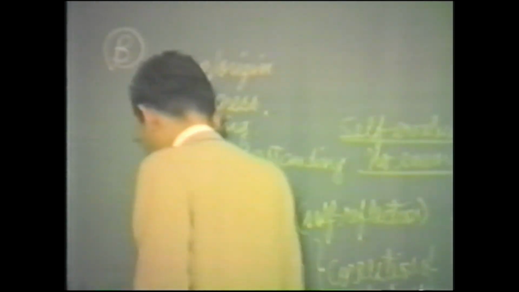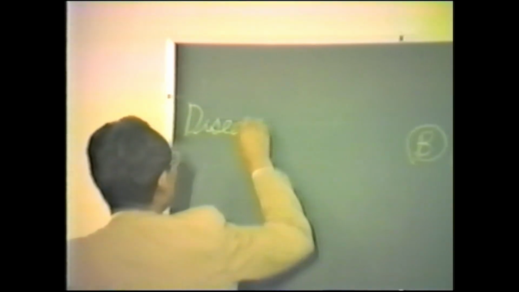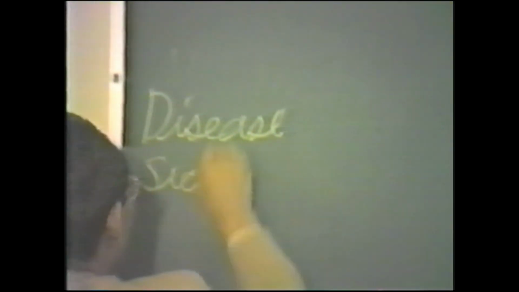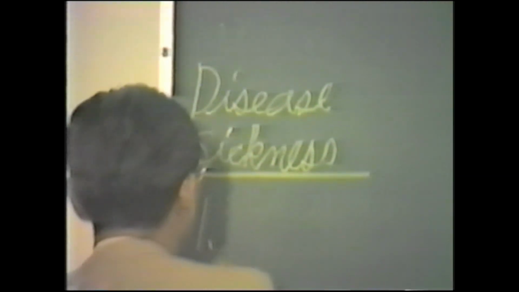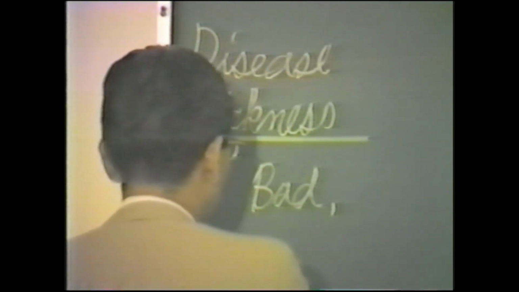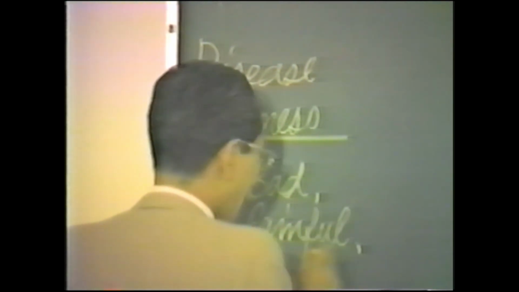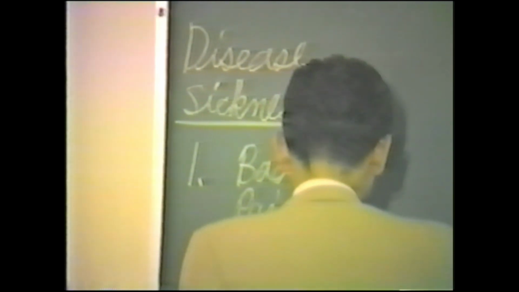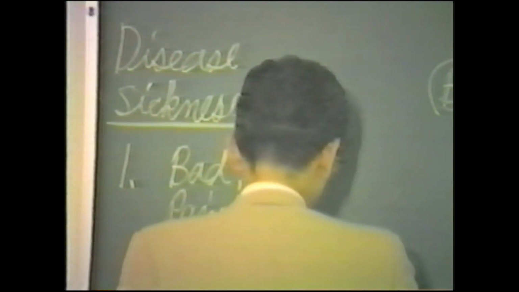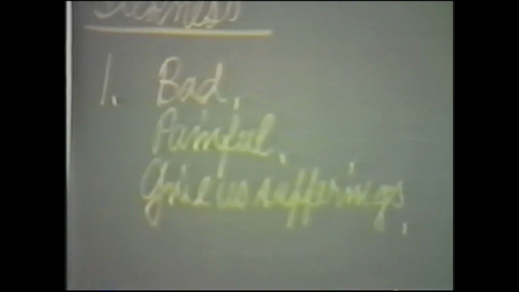Group A thinks disease or sickness is a bad thing, a painful thing, giving us suffering. That is really our enemy.